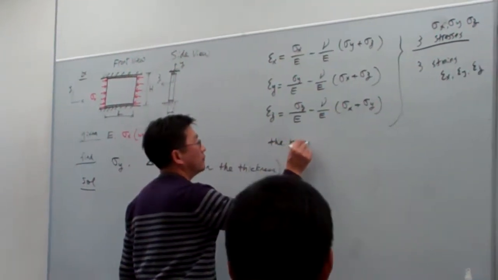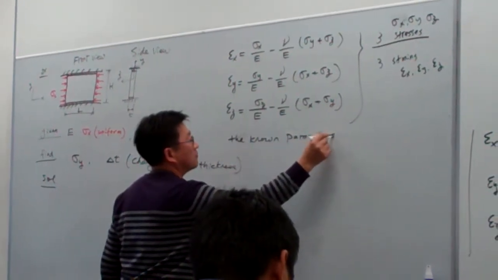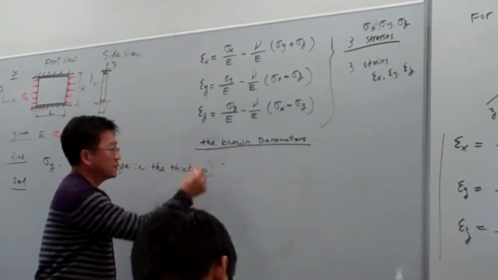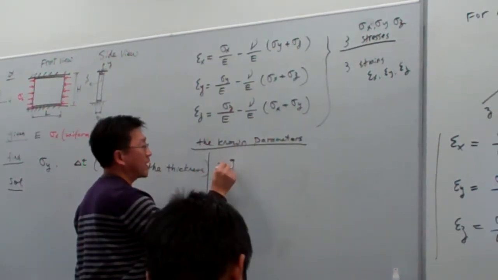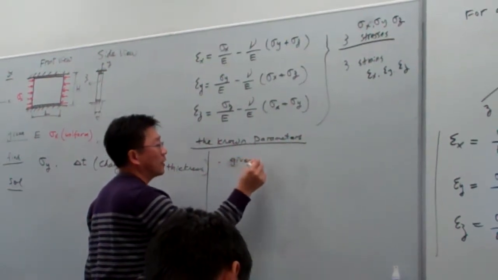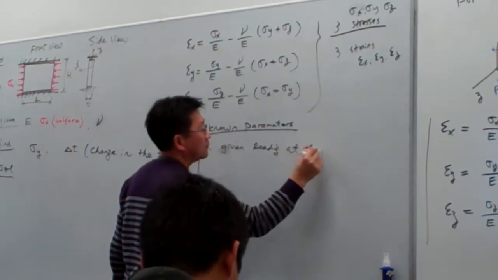The known parameters. Usually we can justify them by 2 categories. One category is from the given loading at the boundaries.